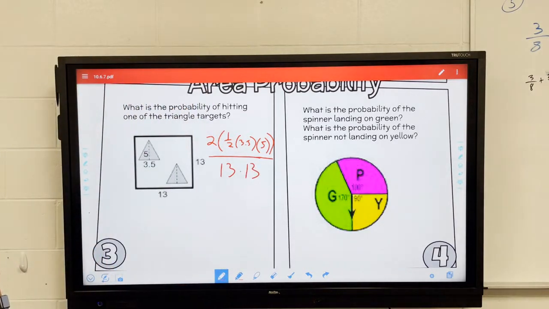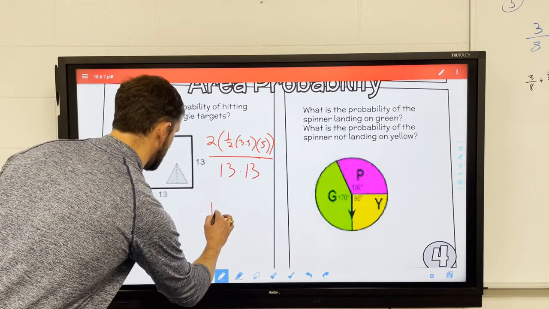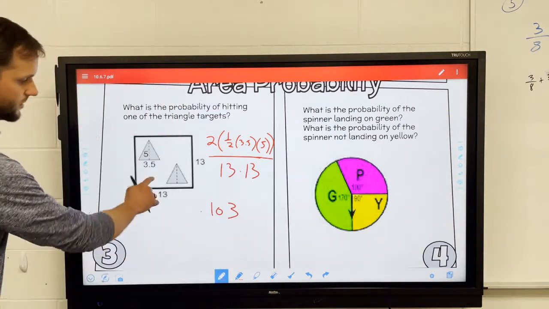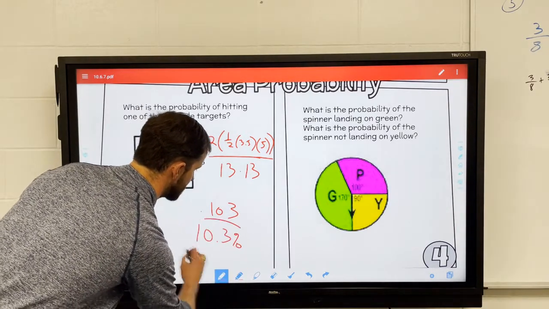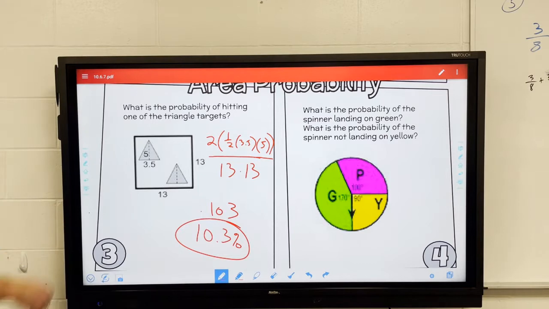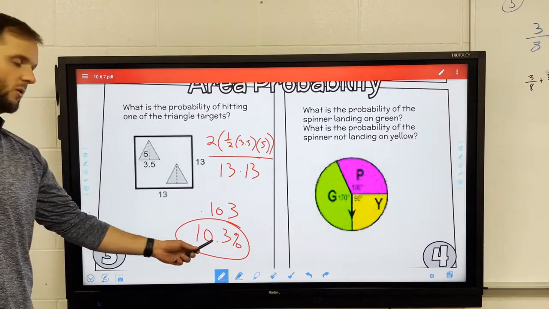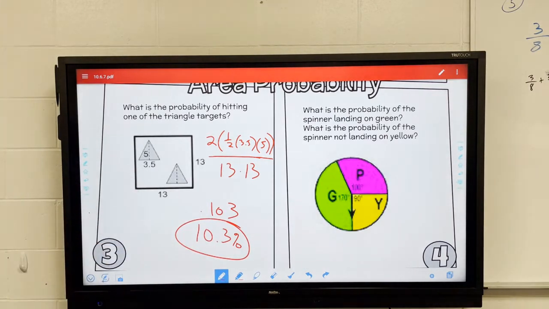So I'm going to do 2 times 0.5 times 3.5 times 5, all divided by 13 times 13, which gives me a 0.103 chance. 2 decimal places over gives about a 10.3% chance. So if I threw something randomly at that target, there is about a 10.3% chance you hit those triangles.